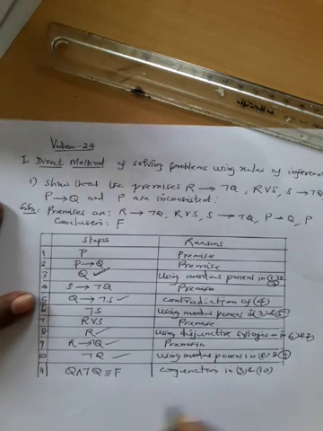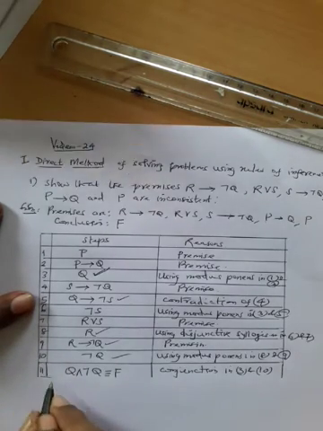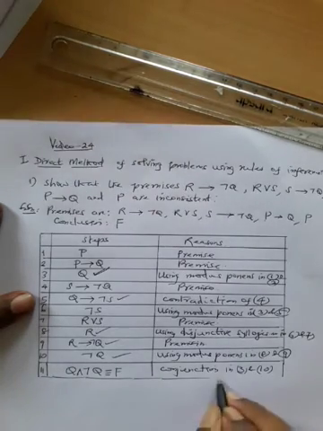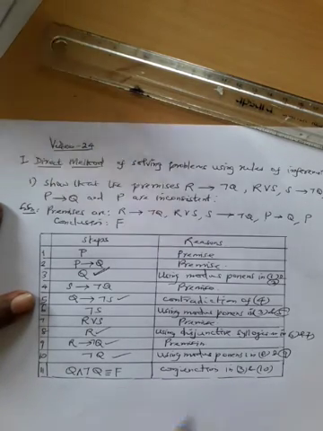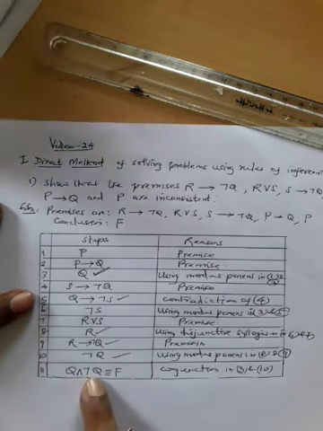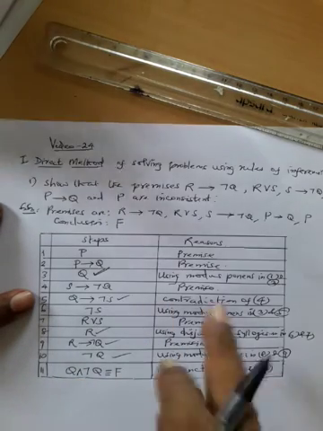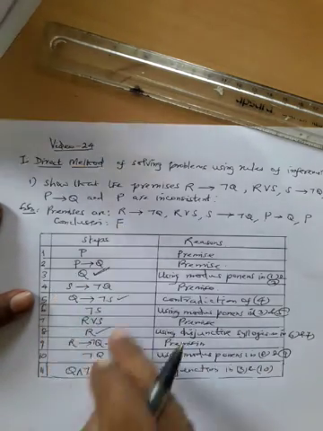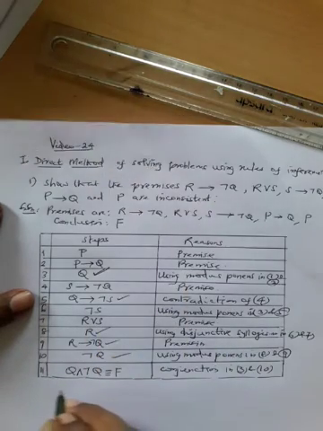So the 11th step. We have arrived at a contradiction: Q and negation Q, conjunction in 3 and 10. Since we arrived at a contradiction, the given premises are inconsistent.